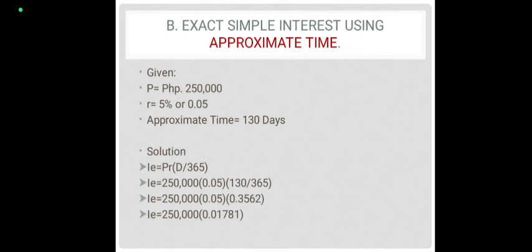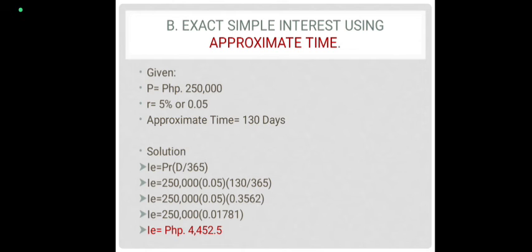So we get 0.01781. So our exact simple interest is 4,452.5. We just multiply 250,000 by 0.01781 to get that answer.